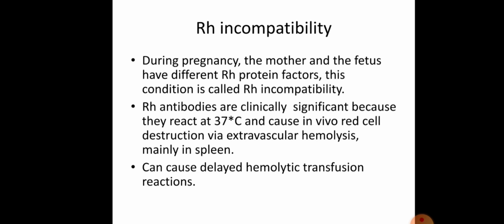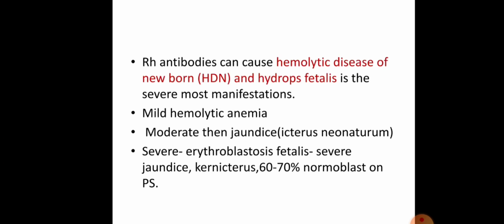RH antibodies are clinically significant because they react at 37 degrees and cause in vivo red cell destruction via extravascular hemolysis, mainly in the spleen. They can also cause delayed hemolytic transfusion reaction; it will not be an immediate one.